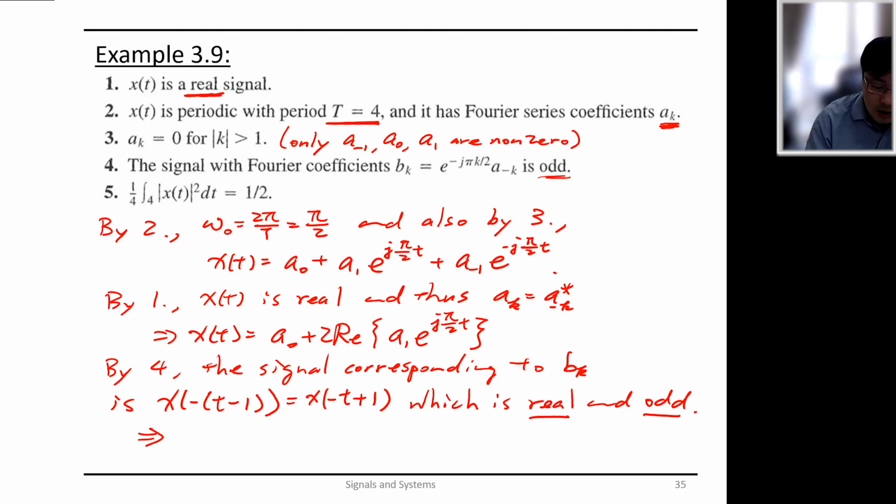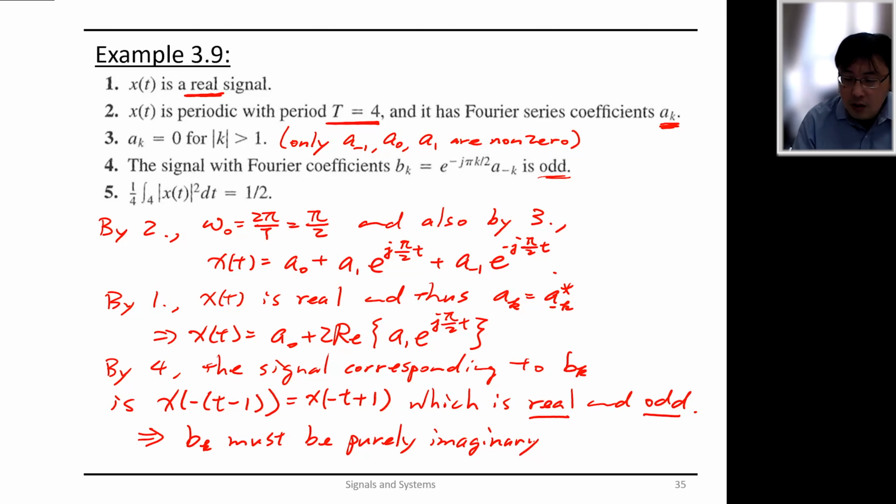So therefore bk must be purely imaginary and odd.